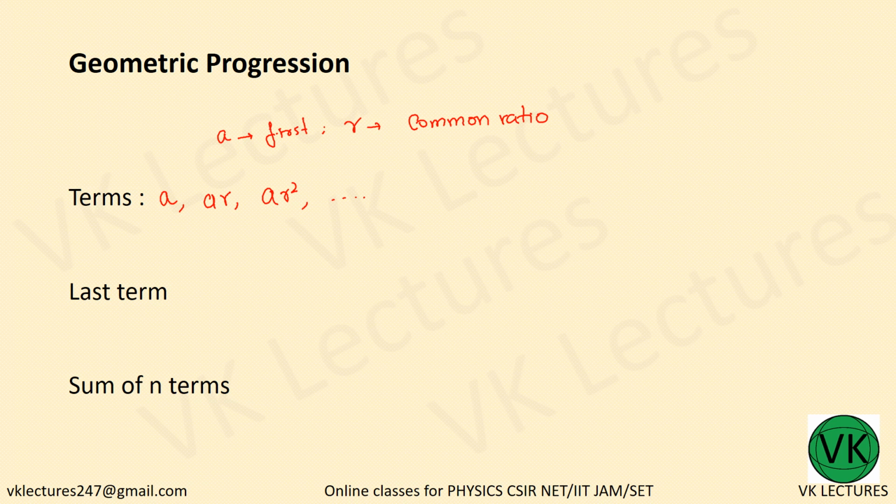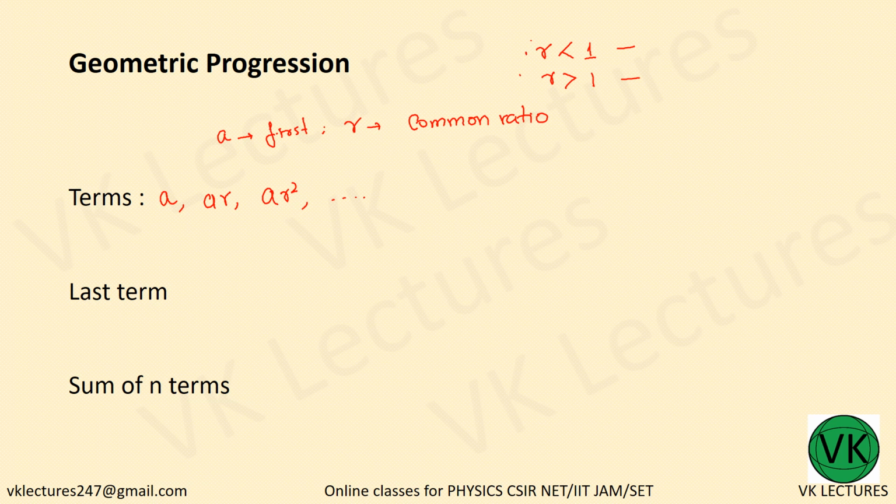Sometimes this r can have two values, either it should be less than 1 or r can be greater than 1. Just remember this, we may use this condition later.